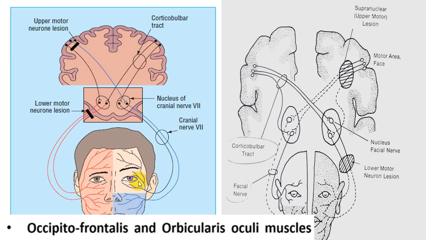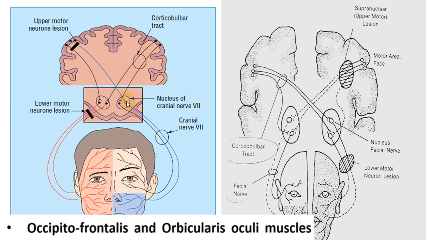So it will be very peculiar that you will have the lower half of the face paralyzed, sparing two muscles, that is frontalis belli, also called occipitofrontalis belli, and orbicularis oculi. These two muscles will be spared, while all the other muscles of half of the face will be affected, and that we call upper motor neuron palsy.